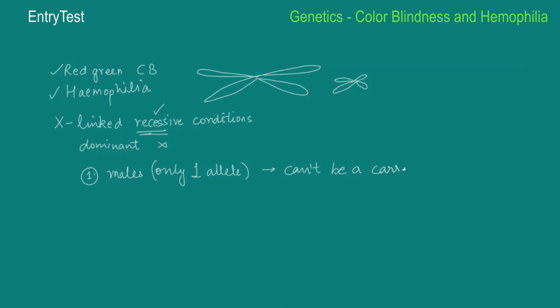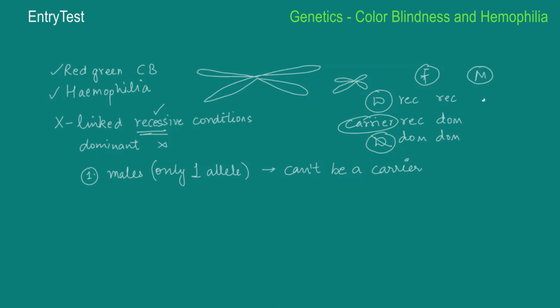They cannot carry it, because to be a carrier, you need one dominant allele and one recessive allele. So recessive, in case of females, gives rise to the disease. Recessive and dominant gives rise to the person becoming a carrier in females. Dominant gives rise to no disease at all. This is in case of females.